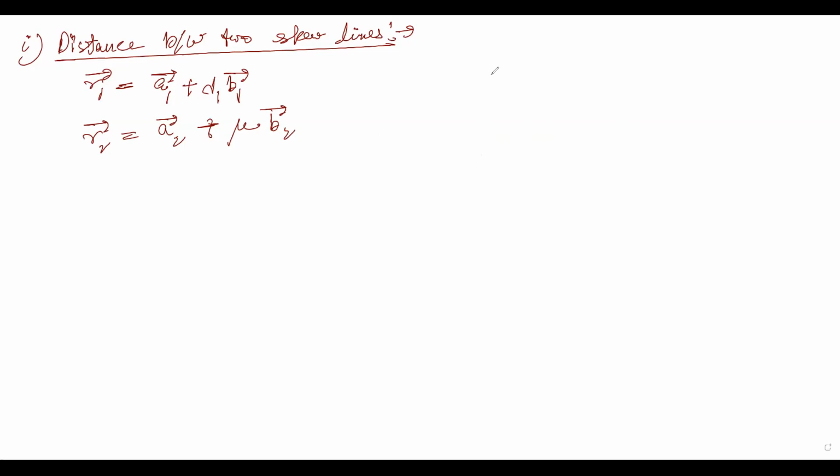If we write out the direct formula, it would be the cross product of these two DRs, because that gives the direction perpendicular to R1 and R2, and the distance would be given by A2 minus A1.